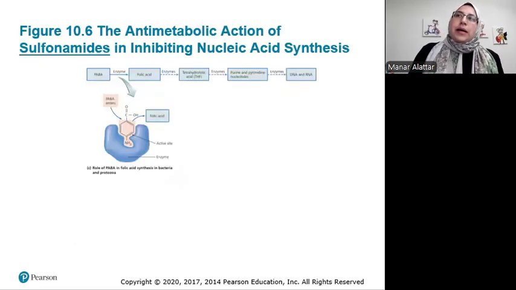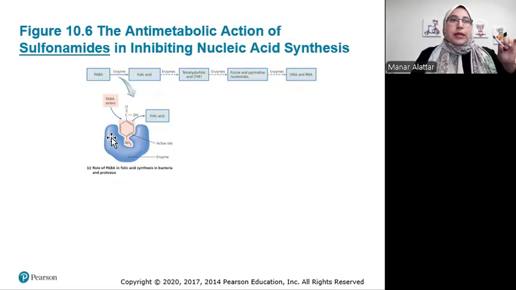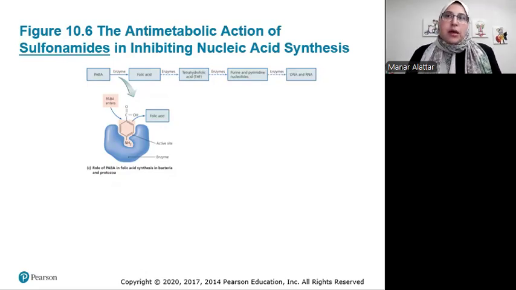And so the way that sulfonamides work is there are a couple of different sulfonamides that work in different places within this metabolic pathway. But many sulfonamides are actually competitive inhibitors of the beginning of this process. So we have this PABA molecule, para-aminobenzoic acid, which is part of the beginning process of folic acid production. And you need that in the beginning enzymes within the pathway so that you can eventually make folic acid.